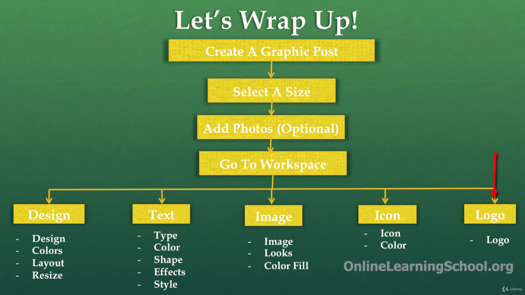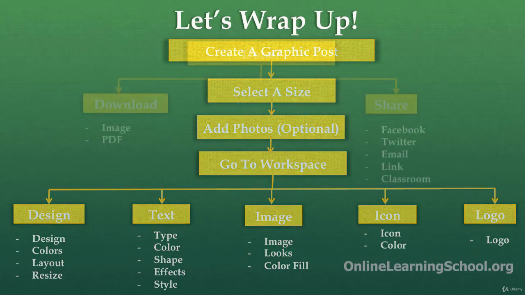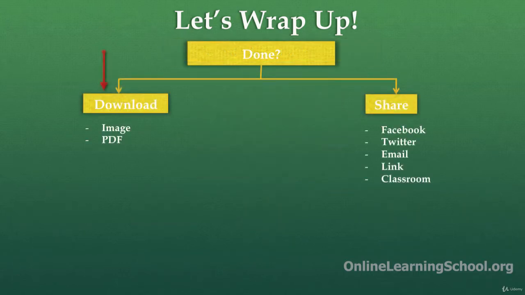And as we mentioned before, this feature is only for premium accounts. Then once done, you can download it in image or PDF format, or choose to share it directly from Adobe Spark to your Facebook, Twitter, email, or copy the link or share it in a classroom.